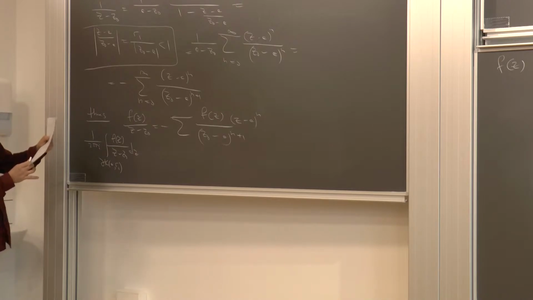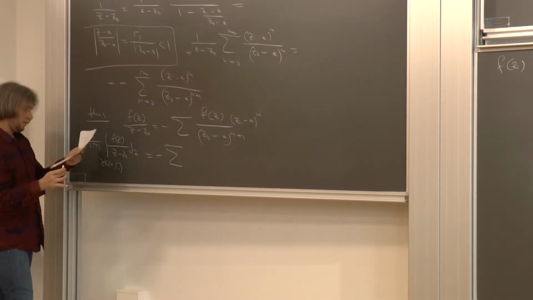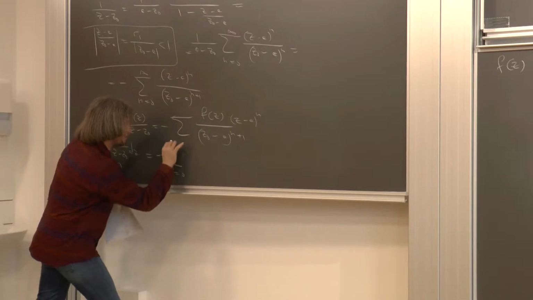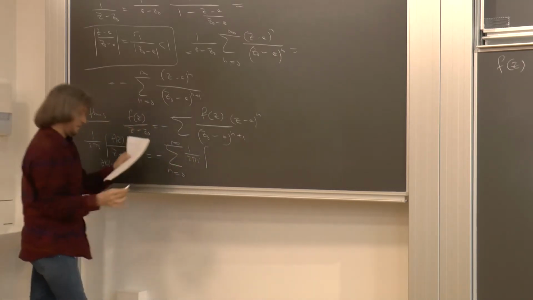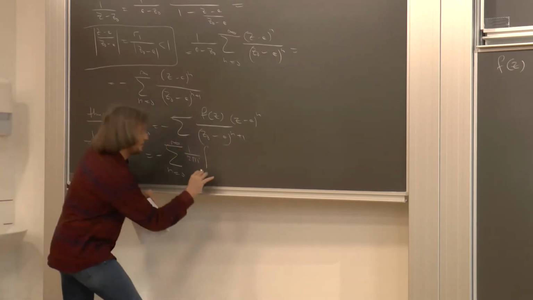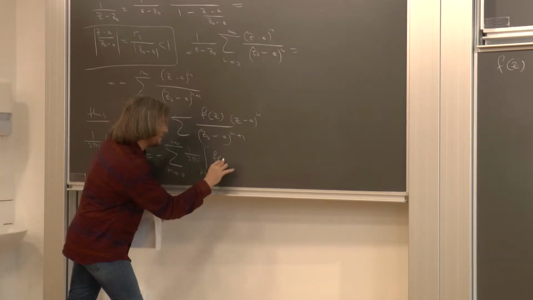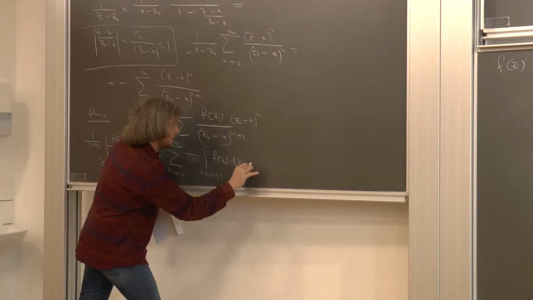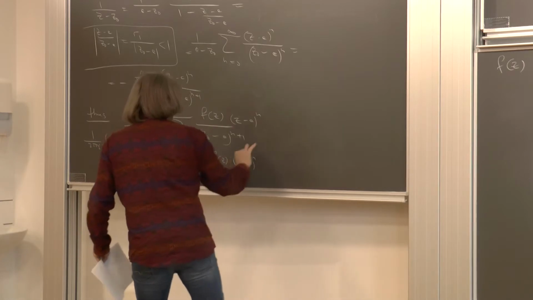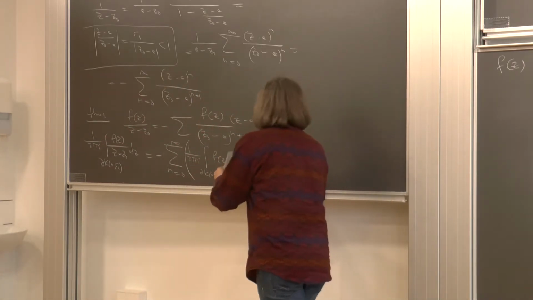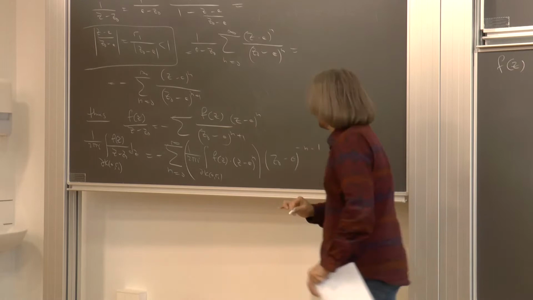So this will become minus sum, n equals 0 to infinity, and then 1 over 2 pi i, integral of f of z times (z minus a) to the n dz, and then outside we get (z naught minus a) to the power minus n minus 1.